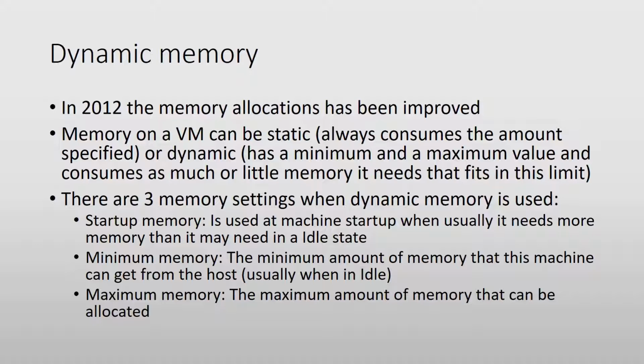The minimum memory, as it sounds, is the minimum amount of RAM that the machine will be allocated, and usually this will happen when it's in the idle state. And the maximum memory will be the higher limit for RAM for that virtual machine. And with these three memory types, you have a very good way to improve the memory usage on your host.